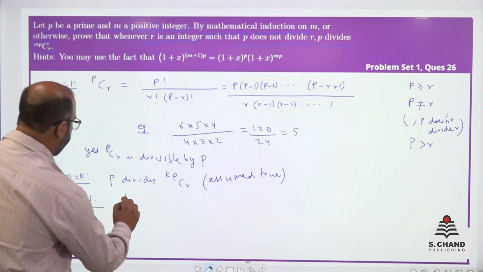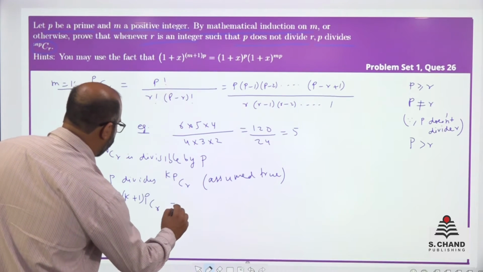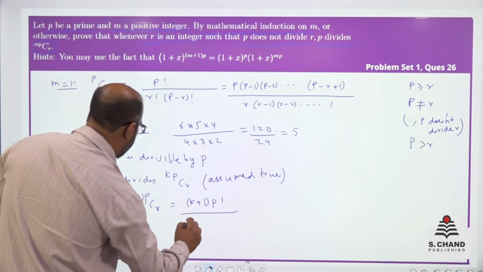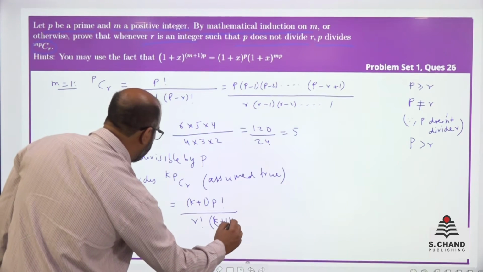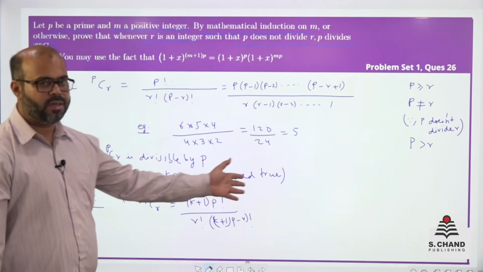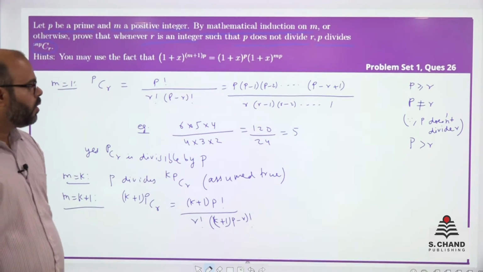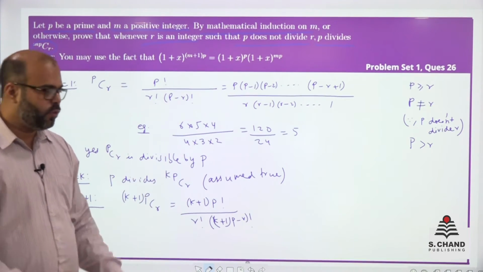So, what about k plus 1 pCr? You will expand it, k plus 1 p factorial upon r factorial into k plus 1 p minus r factorial, and when you proceed further, you can show that this is also divisible by p. I am not going into much detail of calculation, I am just giving you an overview.